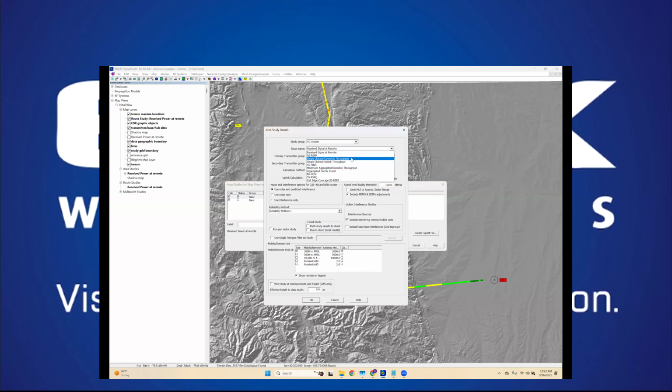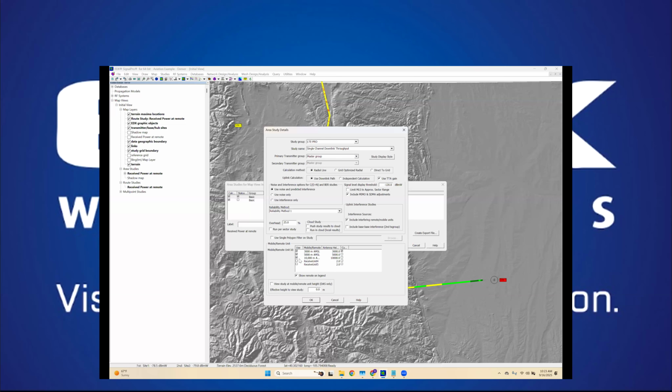It would be the exact same process if I'm doing LTE. I would grab my LTE Pro studies and go up under the LTE menu and define my technology, my frequency bands, etc. And then I would run these studies for those LTE sectors. The difference might be that, again, I might run them for multiple different flight levels if I want to see them on an area wide basis.